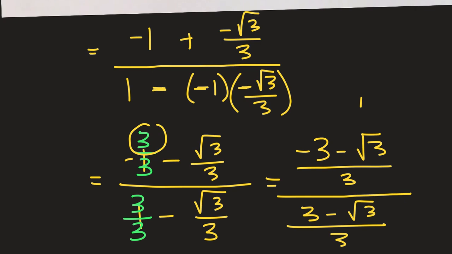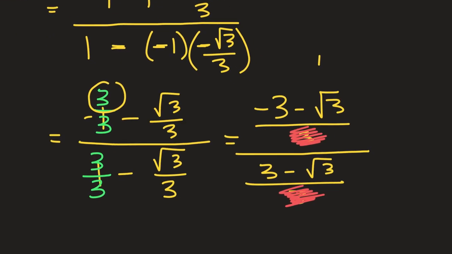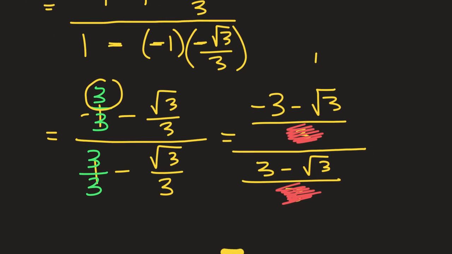Now, a little math hack. If I have two fractions divided by the same denominator, when we multiply by the reciprocal, those denominators are gone. So this becomes a single fraction, -3 minus √3 divided by +3 minus √3.